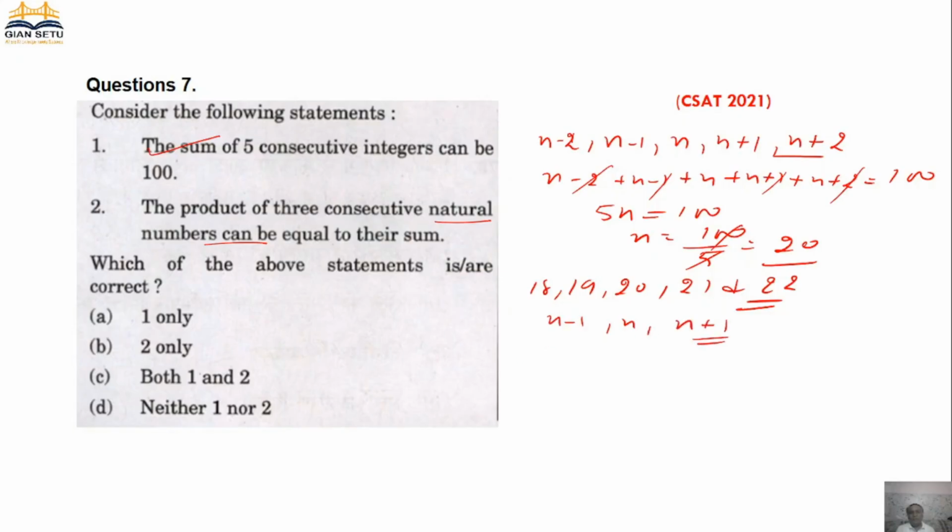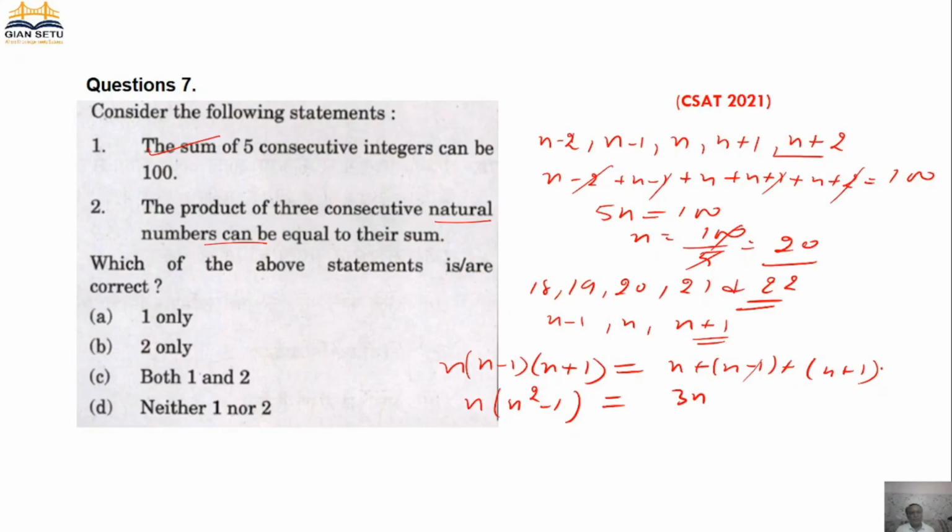According to the statement, n minus 1 into n into n plus 1 is equal to their sum, n minus 1 plus n plus n plus 1. Now here we have n cube minus n is equal to 3n.